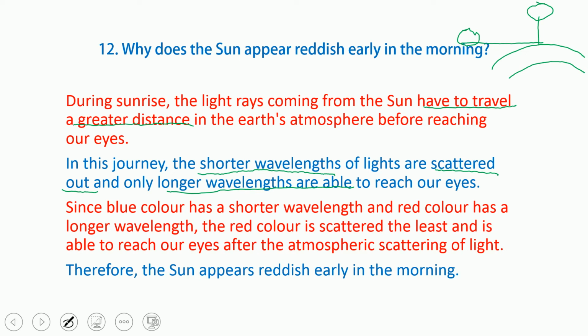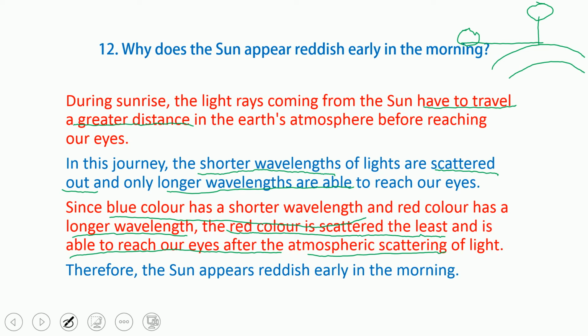Since blue color has a shorter wavelength and red color has a longer wavelength, the red color is scattered the least. Understand? Red color is scattered the least and is able to reach our eyes after the atmospheric scattering.